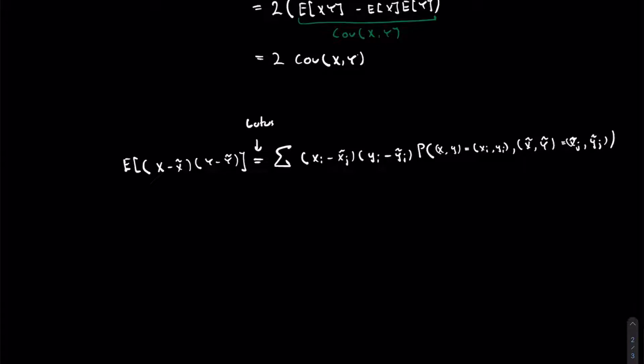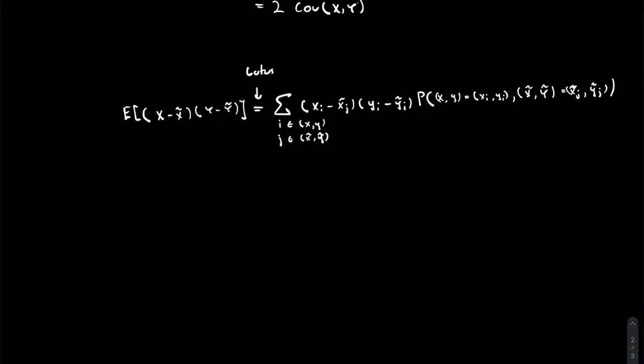Okay, so that looks like a complicated little thing. And we are summing over these pairs. So we have i in the set of xy pairs, and j in the pairs of tilde, like so.